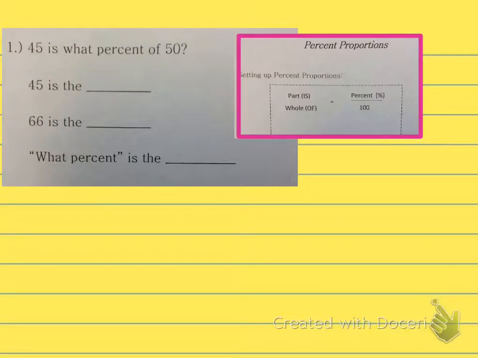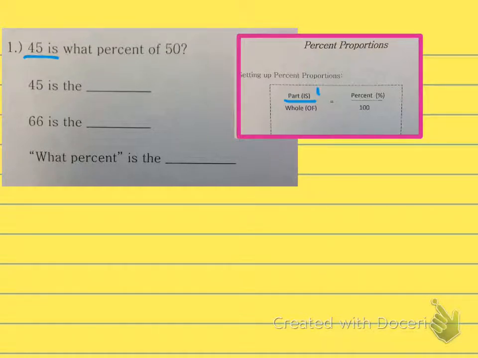So I brought in our first proportion part to help us with this. When we are talking about a percent proportion, what is, I would say this first part right here, is one line. So 45 is what percent?